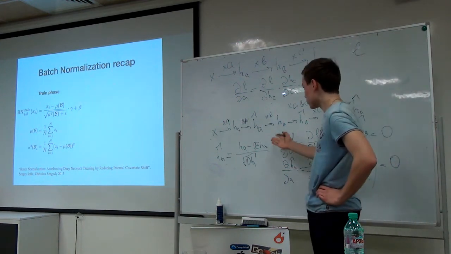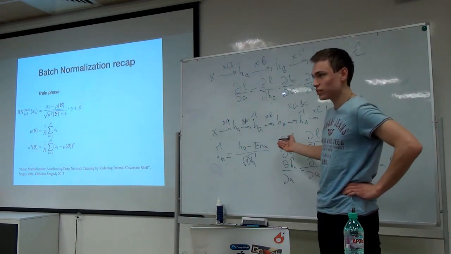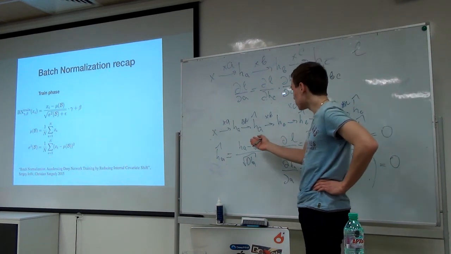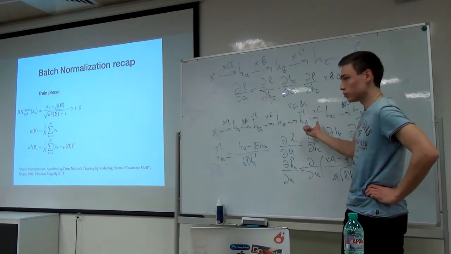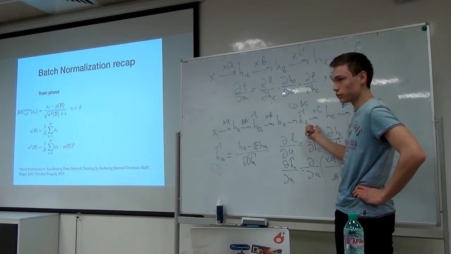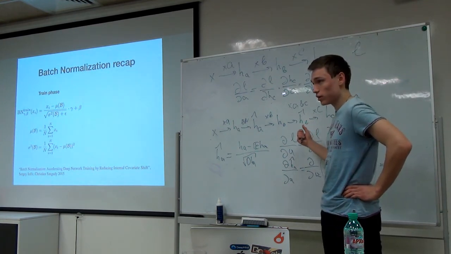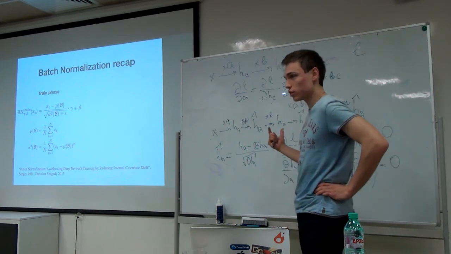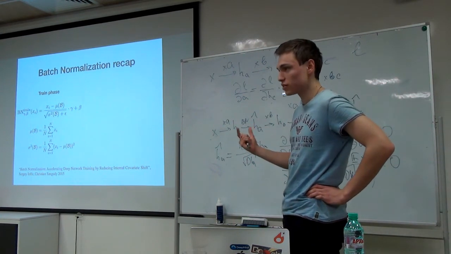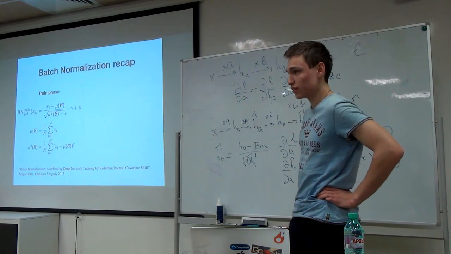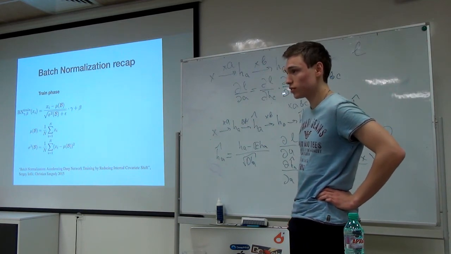So here we didn't change A at all, and the A parameters no longer depend on the input of the last layer, since batch normalization removes the mean and variance. Can you repeat?